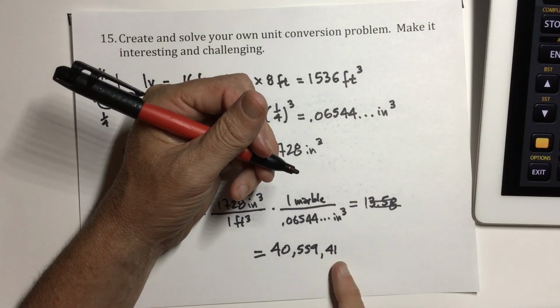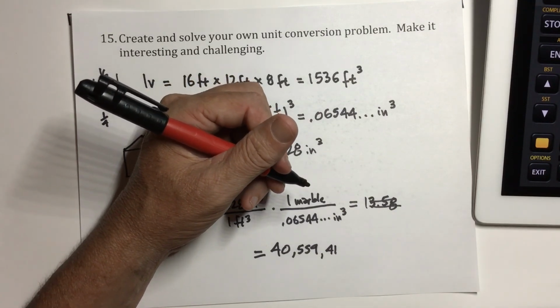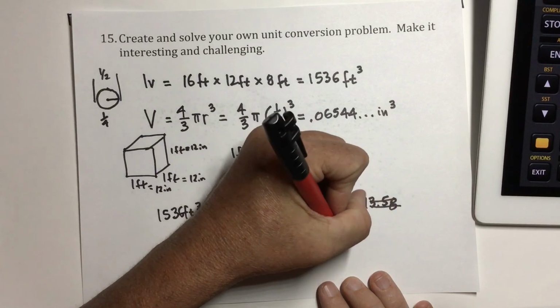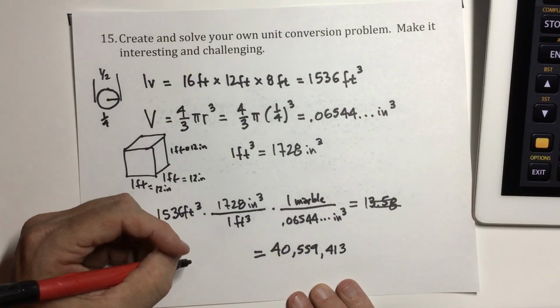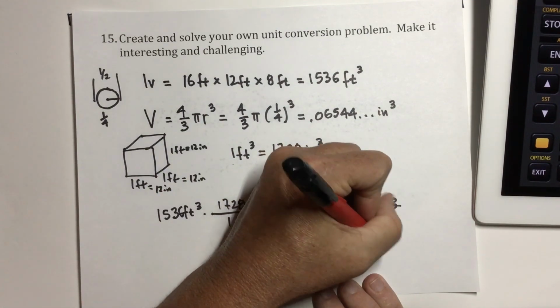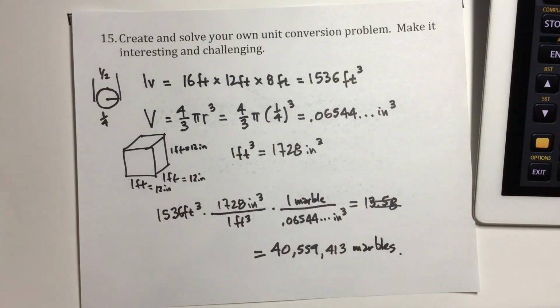So I'm assuming then that would fill up my living room entire. It wouldn't even take that extra little. I'd need a whole marble to try and fit in that extra 20% space. So the most I can fit in here would be 40,559,413 marbles. Sheesh. Okay. Whew.